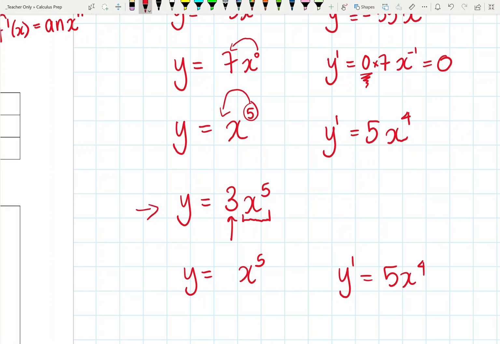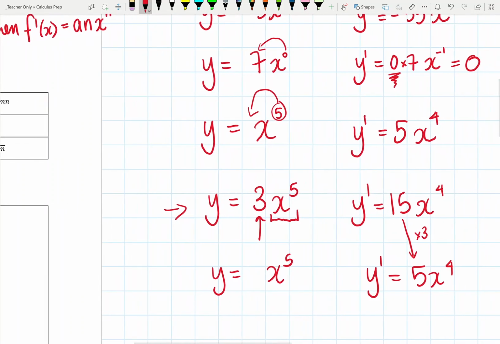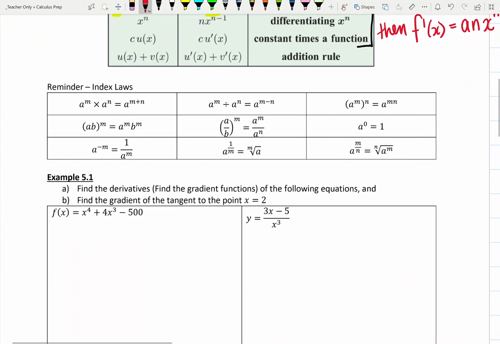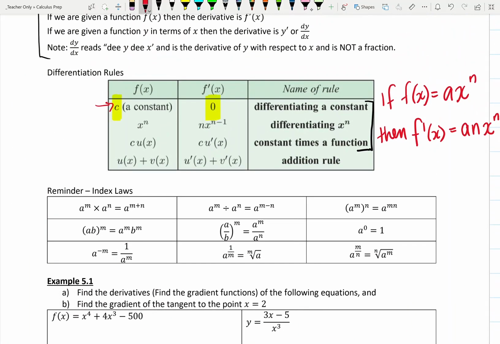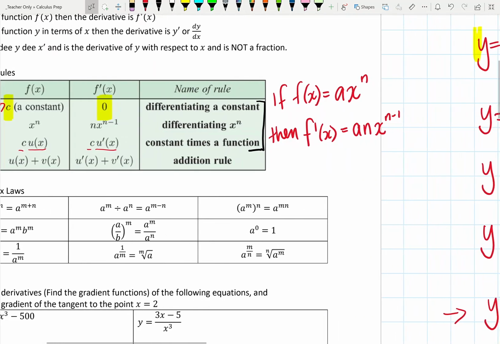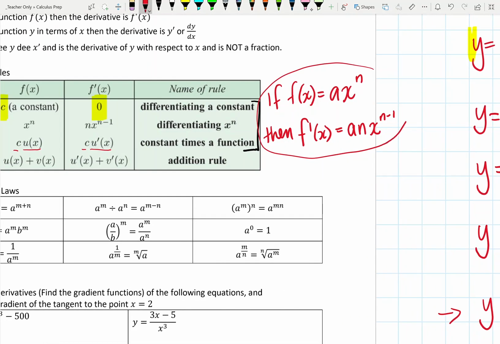When we're doing 3x to the power of 5, y dash is 5 times 3 is 15, x to the power of 4, and you can see that there's a factor of 3 going in that direction. So what's happening here is if we've got a function multiplied by a constant, then the derivative is the derivative of the function multiplied by the constant. So they really are all encapsulated in this one rule here.